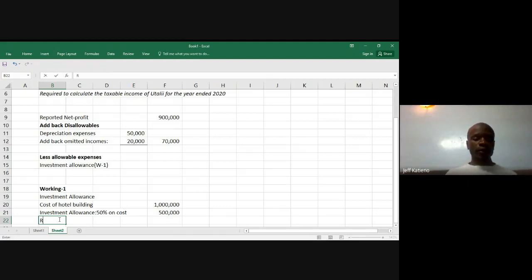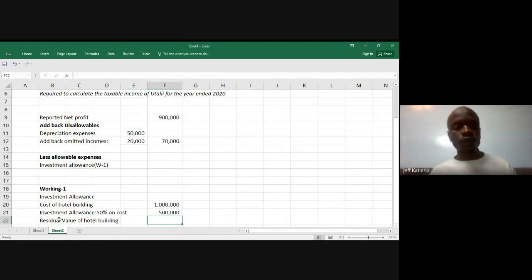So the residual value of hotel building. By the residual value, I mean how much have we not subjected to investment deduction allowance? The original cost was 1 million, but we have already utilized 500,000 out of that. So residual value is what remains after charging investment allowance.